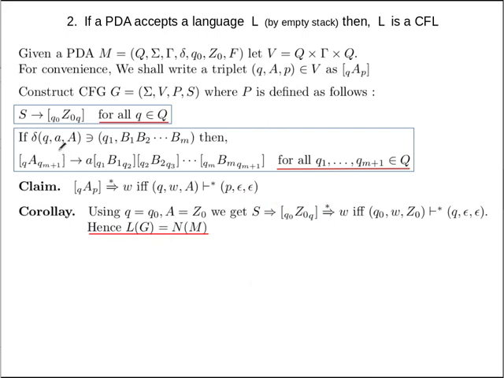Now we haven't even discussed the definition. One thing is that this A goes to this thing, and again the motivation, as I said, is that initially the stack will contain just Z0, and the Z0 will go to empty. The string will go to empty from Z0, starting from this state Q0, which is the start state, but ending in any state, because since we are just considering this empty stack criterion, this can be anything.